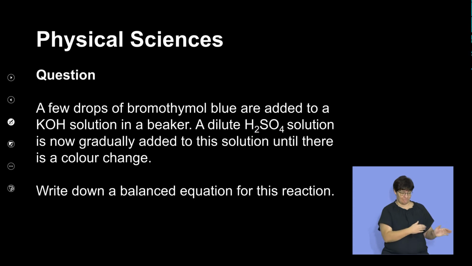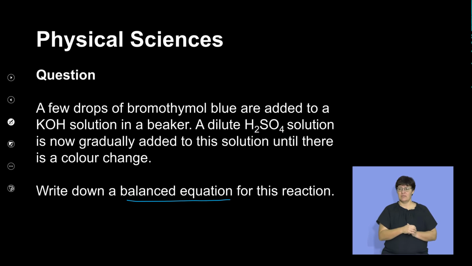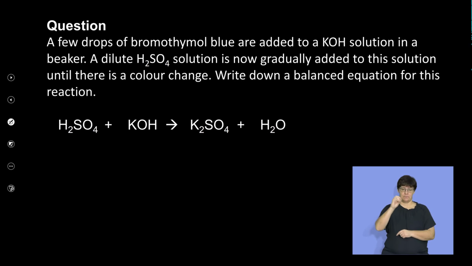Then the question goes on and says, write down a balanced equation for this reaction. So the reaction is between sulfuric acid and potassium hydroxide. Say for argument's sake, we have appreciated that this is an acid plus a base.